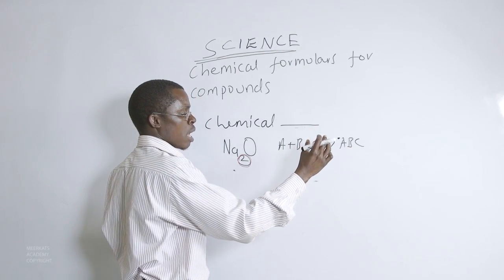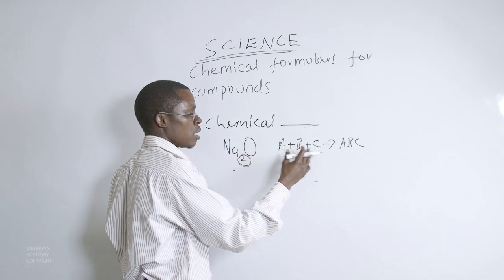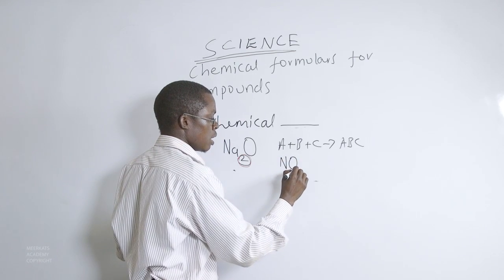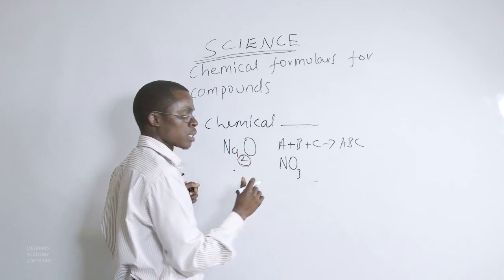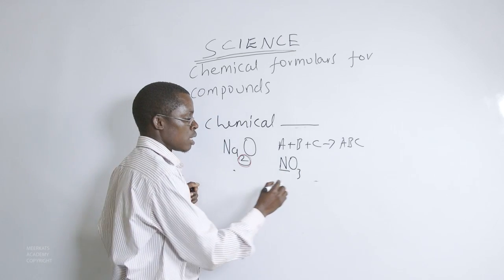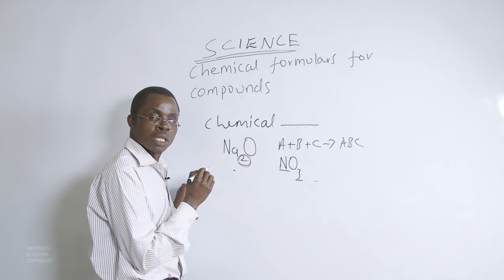Giving a good example of these, not using ABC, we have radicals like nitrates. In this case, we have 1 atom of nitrogen and 3 atoms of oxygen.